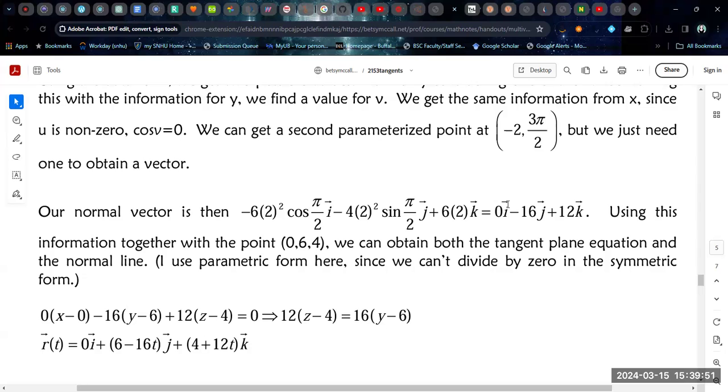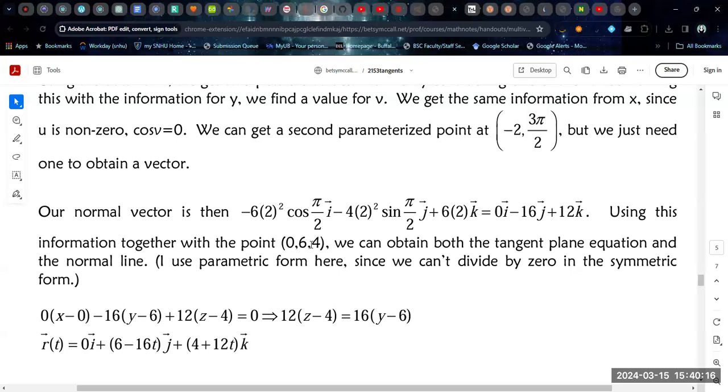This component, cosine of pi over 2, is going to give me a 0. Here, if I plug in u is 2 and v is pi over 2, this is going to give me a 1, and so I'm going to get a negative 16 because this is negative 4 times 4. And then over here, I just have 6u, so it's going to give me a 12. So this is my vector perpendicular to the surface.